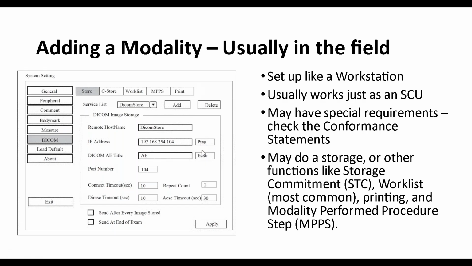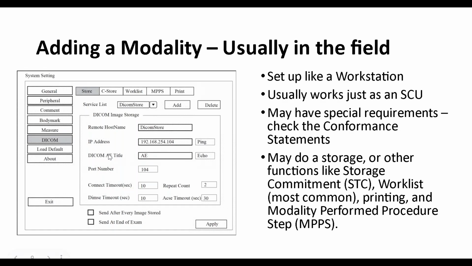And notice here you've got ping and echo. Ping is on IP, but echo is on DICOM AE title. What do they mean by the differences between ping and echo? It's close. Let me put it this way: ping, IP, just like the IP ping command at the command prompt.